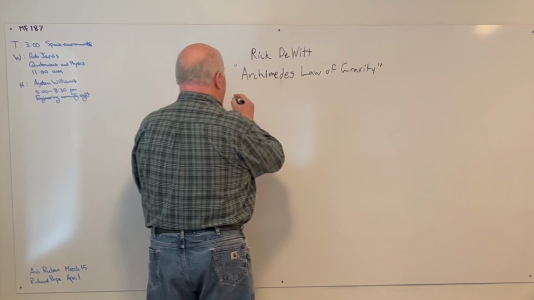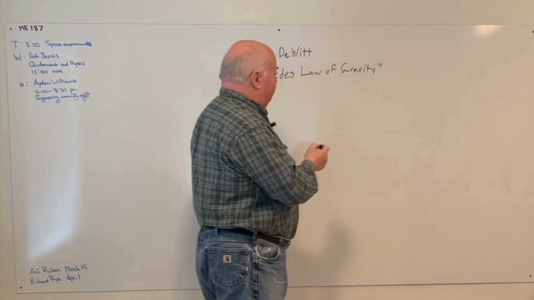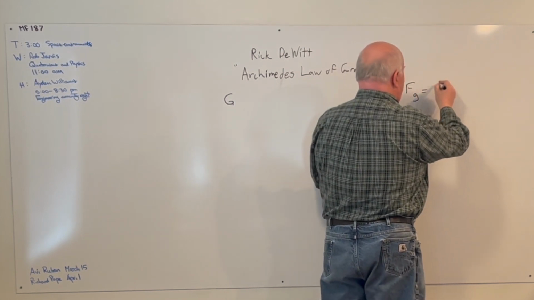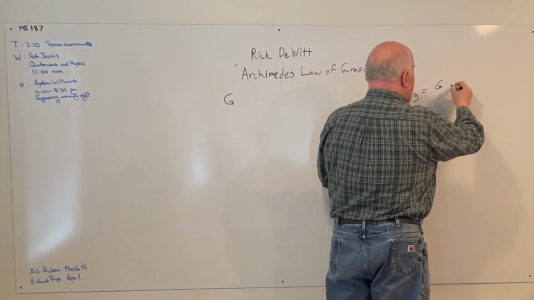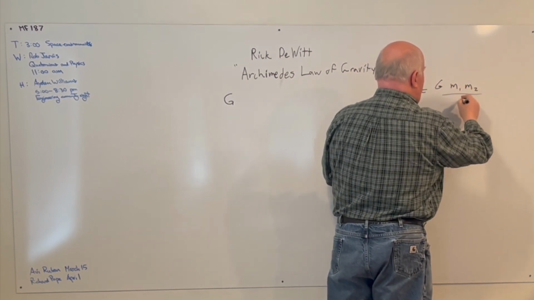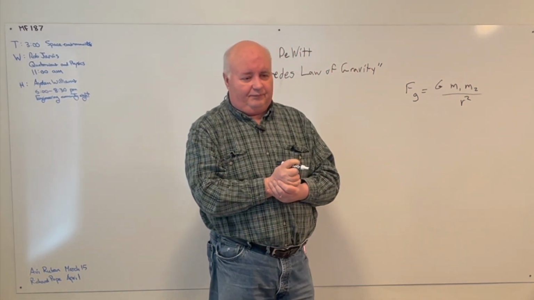This is the universal gravitational constant, G. It comes from the force of gravity equals G M1 M2 over R squared, which is Newton's famous law of gravity.